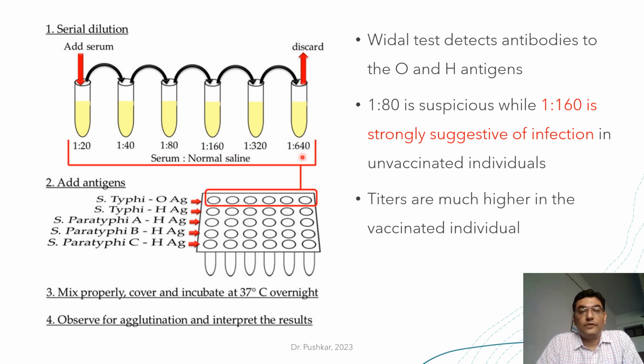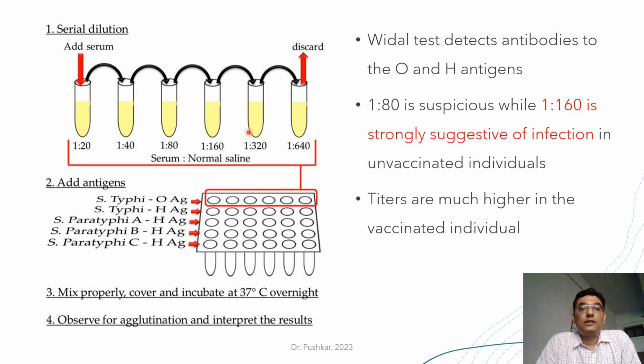These are all different titers, and we will add antigens here and see in which one the agglutination is there. We say the result is positive if there is agglutination at 160, 320, or 640.